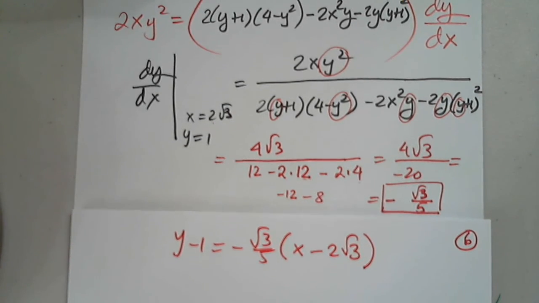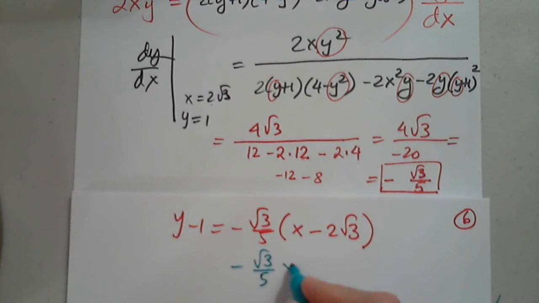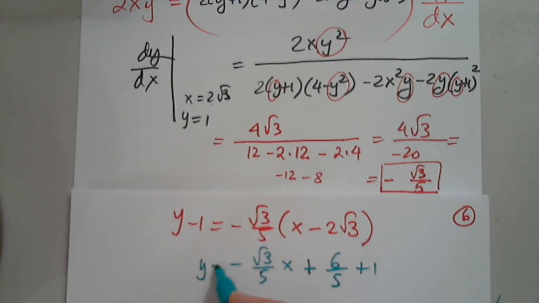Now I have to simplify this as much as I can. And I will distribute negative the square root of 3 over 5x here plus 2 times 3 is 6, 6 over 5 and then plus 1. So this times this is this.